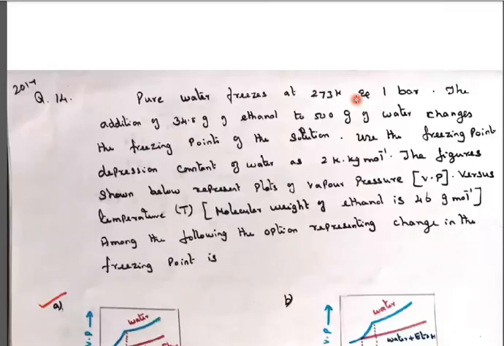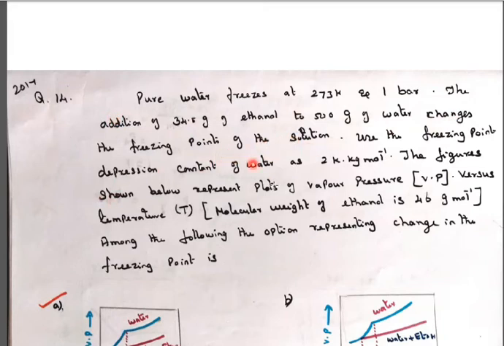Come to the next question of the series, a 2017 previous year question. Pure water freezes at 273 Kelvin and 1 bar. An addition of 34.5 gram of ethanol to 500 gram of water changes the freezing point of the solution.